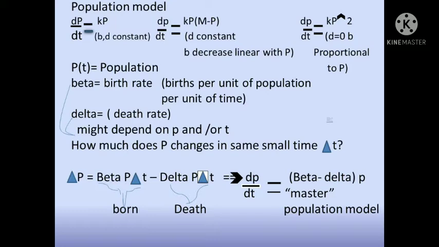Now there are other population models which you may not be familiar with. For instance, the second one I have written here is called the logistic equation, and it is actually a better model for population in application than the exponential growth.